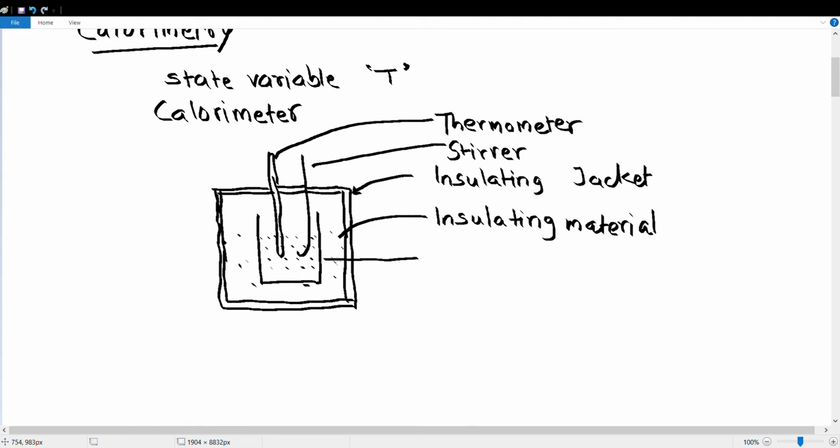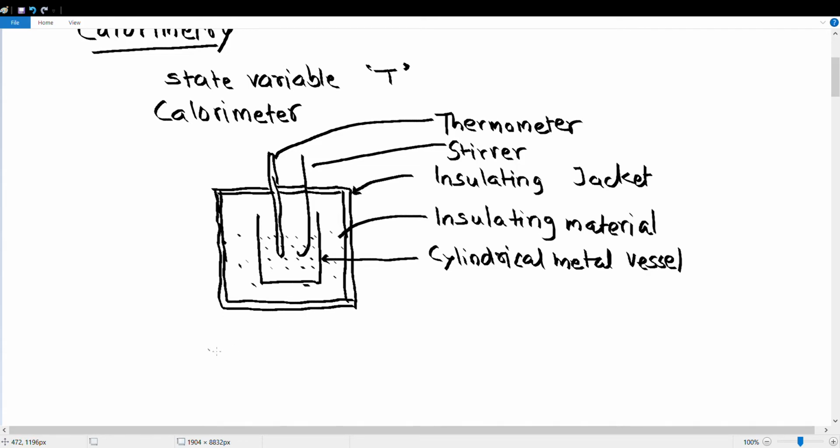This one is the cylindrical metal vessel. The cylindrical metal vessel and the stirrer are made with the same material. In our example, that is copper.